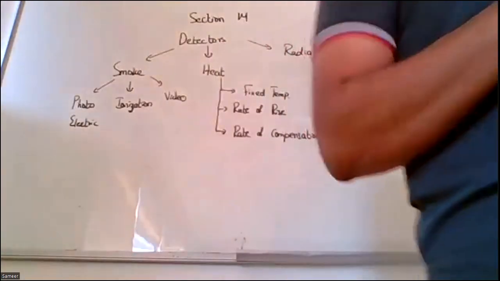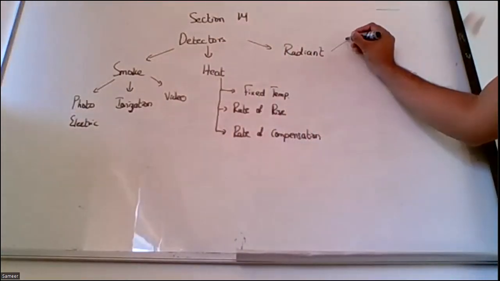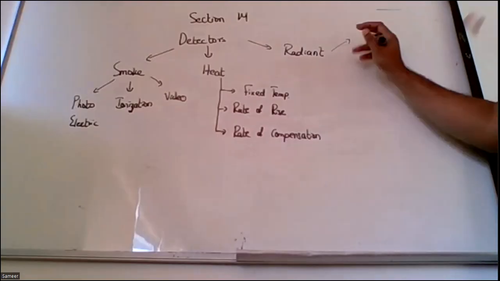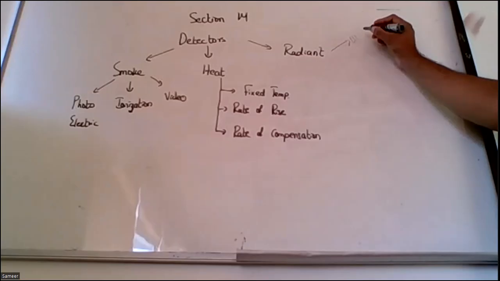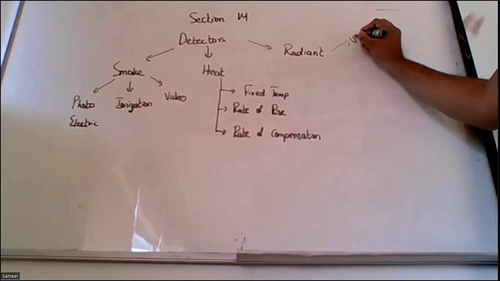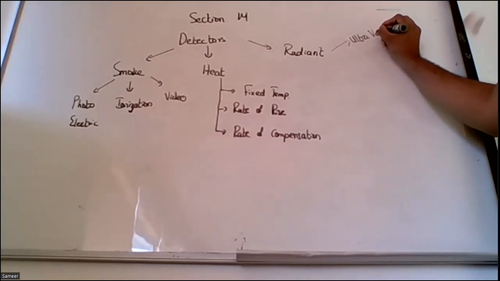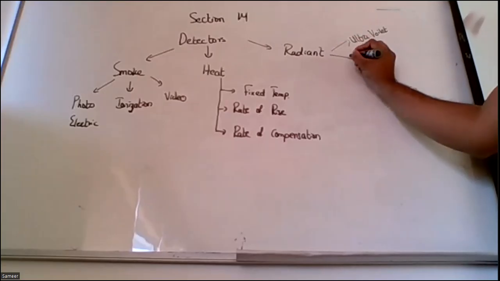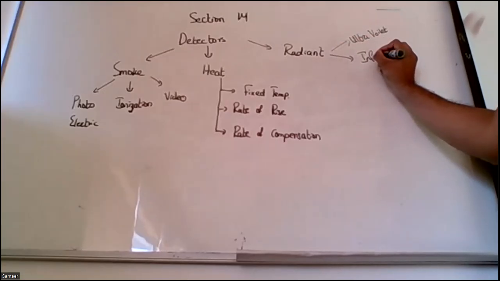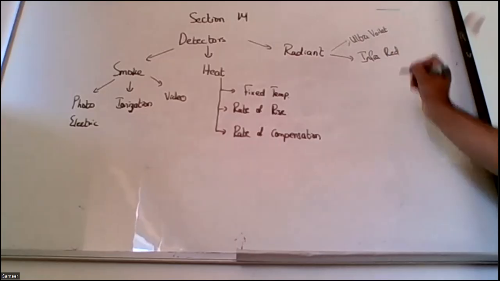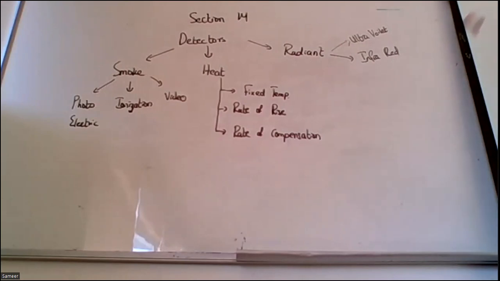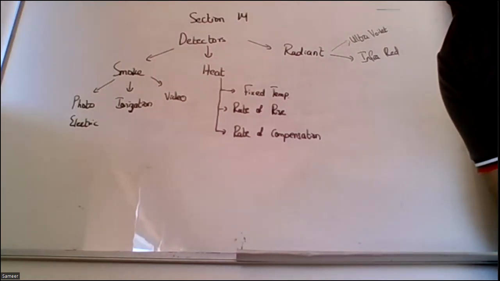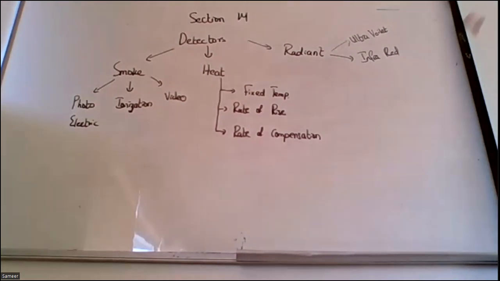Radiant detectors can be further categorized into 2: ultraviolet and infrared. So these are the five types of detectors that are available with us.